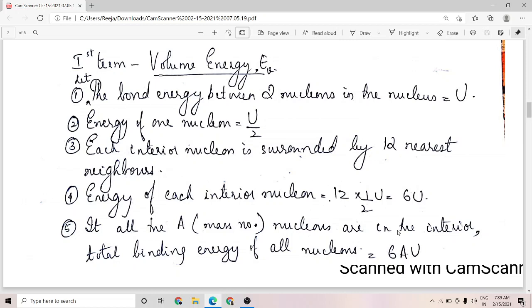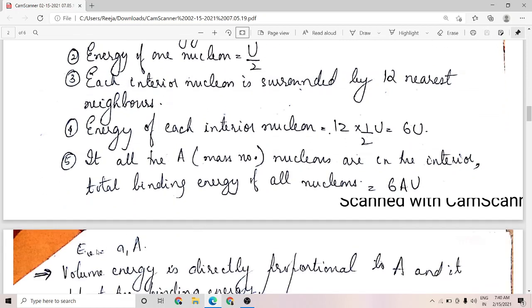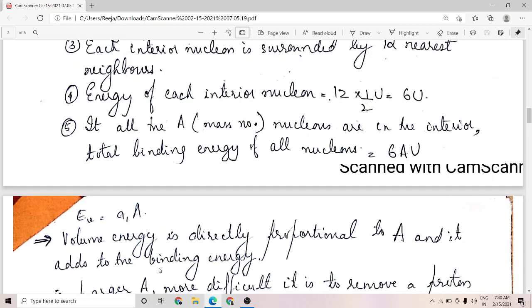Here 6 is a constant, U is a constant for a given pair of nucleons. So I write it as EV, that is volume energy, is equal to A1A. That is, volume energy is directly proportional to A, and it leads to an increase in the binding energy.